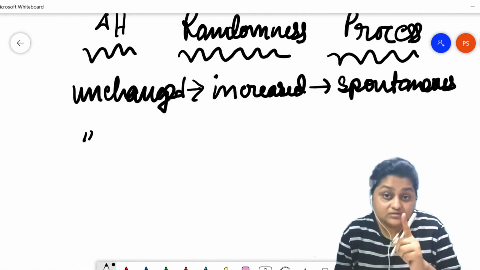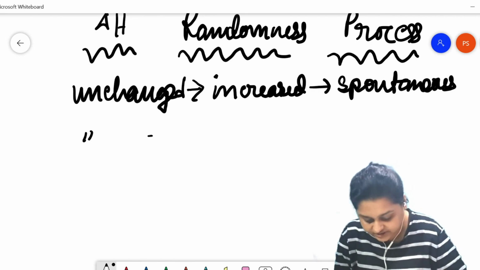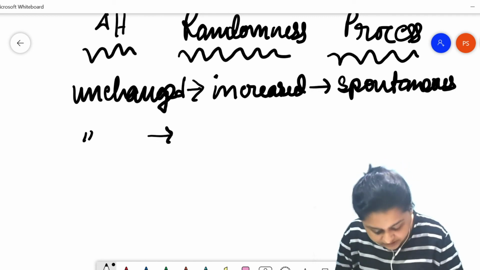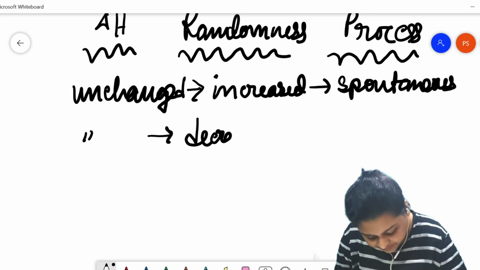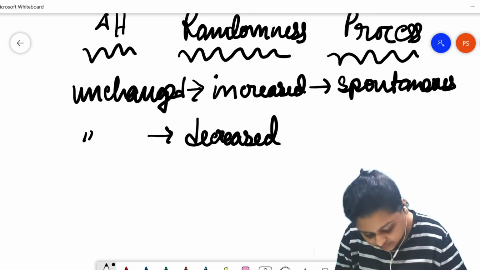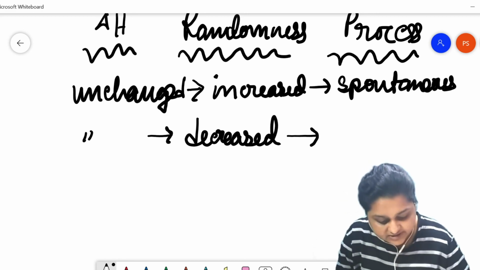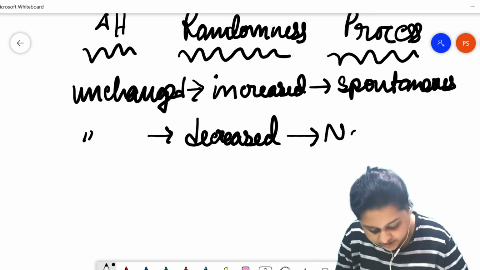Let's say another process in which the delta H is unchanged but randomness has decreased. This process will be non-spontaneous.